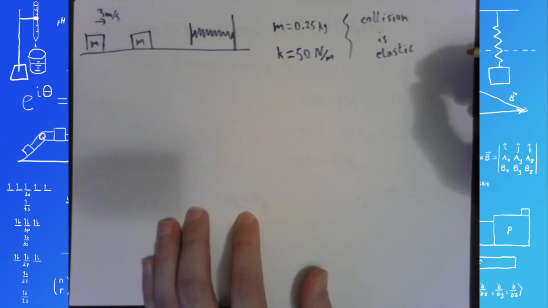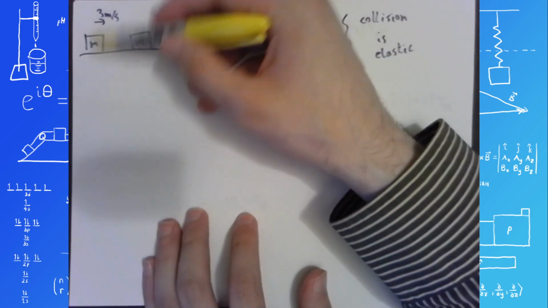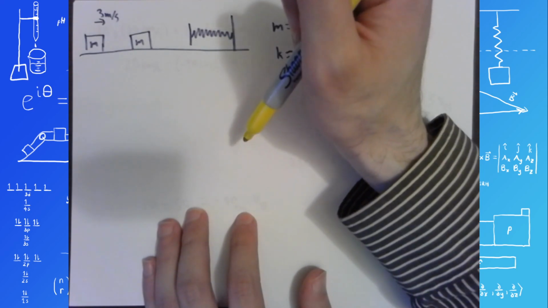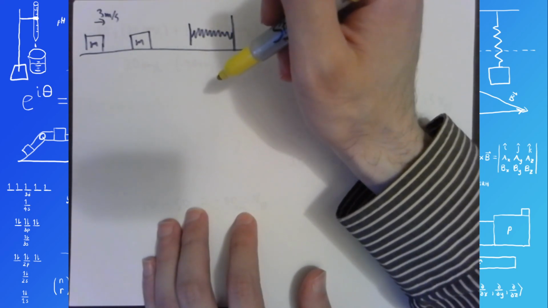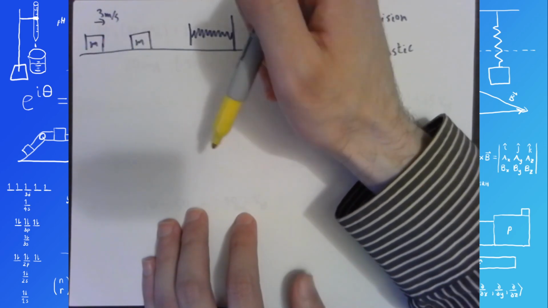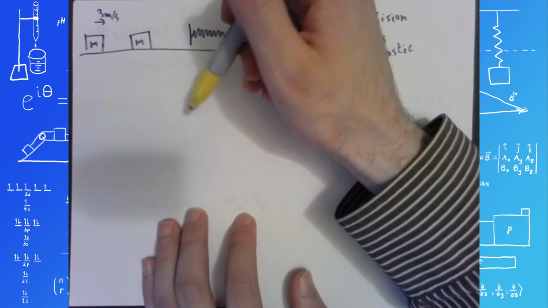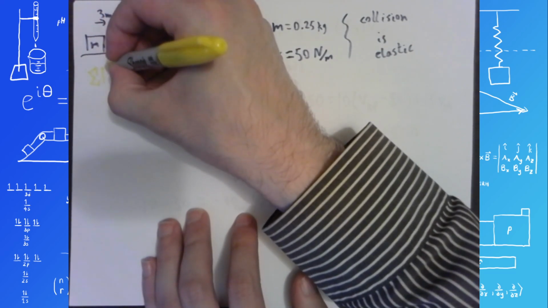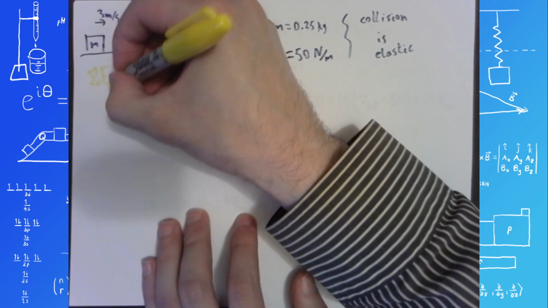So we already know our formulas. The track is frictionless. Normal force and gravity on the blocks cancel each other out, so those external forces net out to zero. The only other force during the collision is the force of the blocks on each other. That's an internal force, so the net external force during this collision is zero.